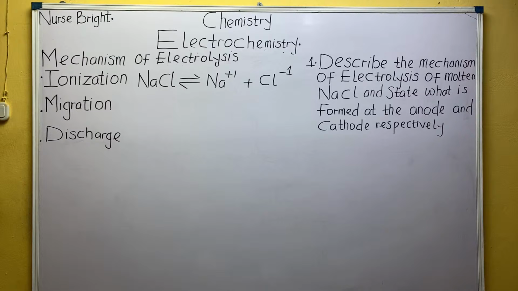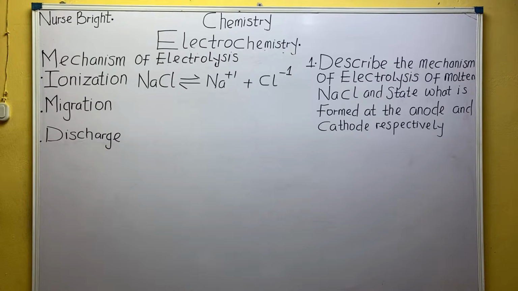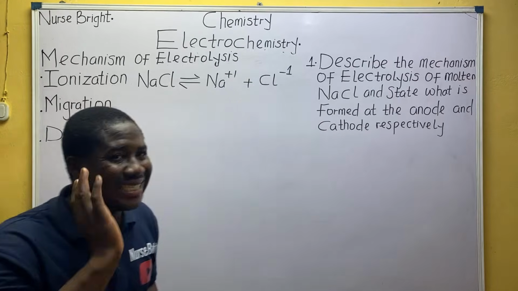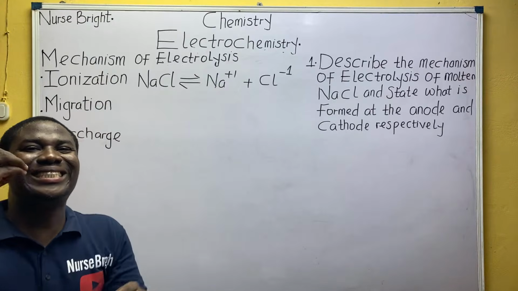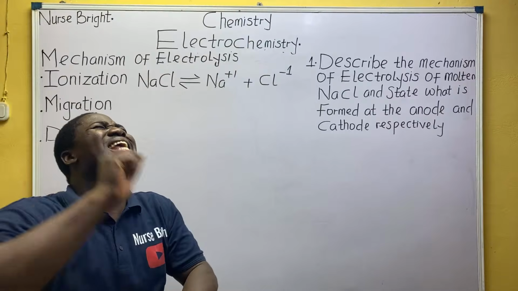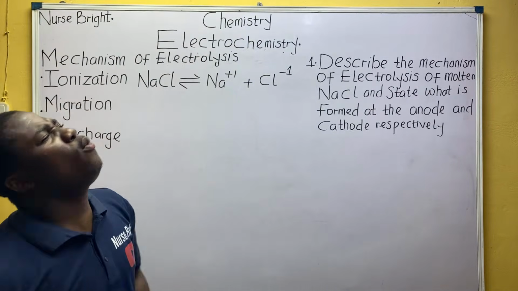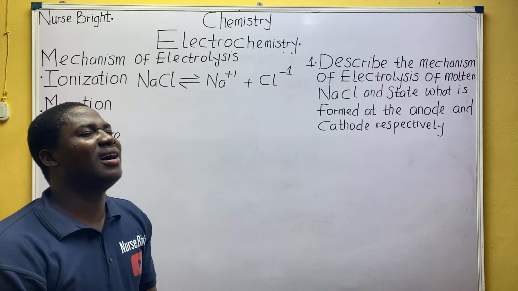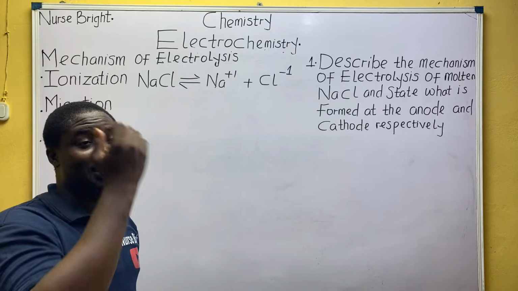Ionization is basically forming the ions, dissociating the compound to form ions. On this axis, no much talks. Guys, in migration, the ions you have formed are migrating. Where are they migrating to? Not America.